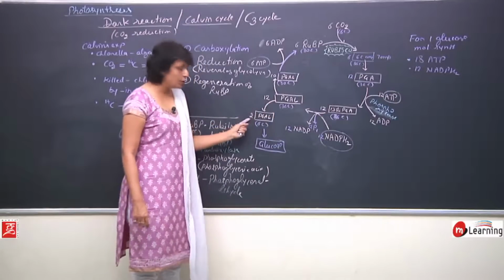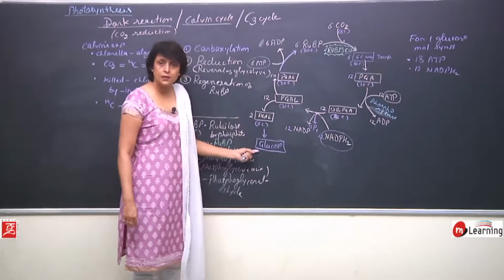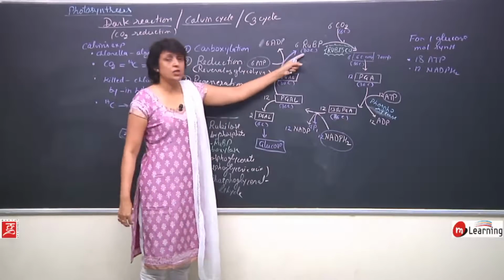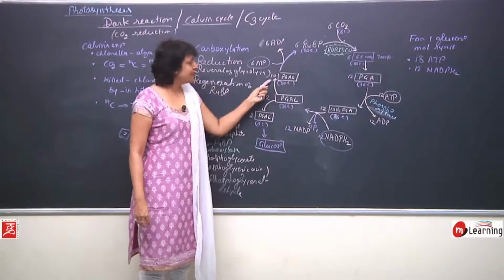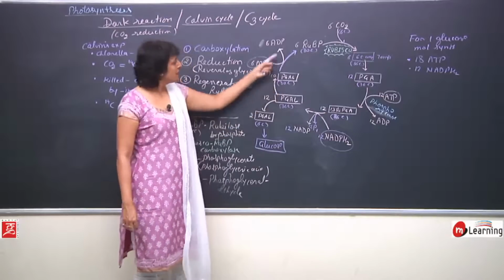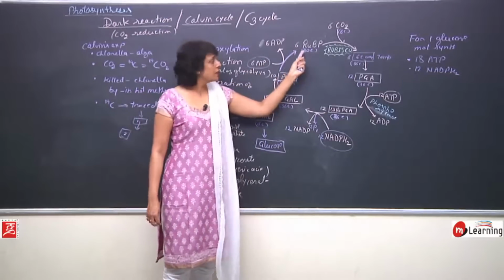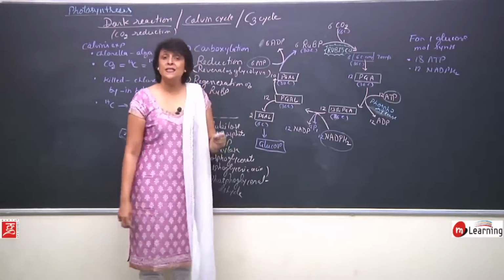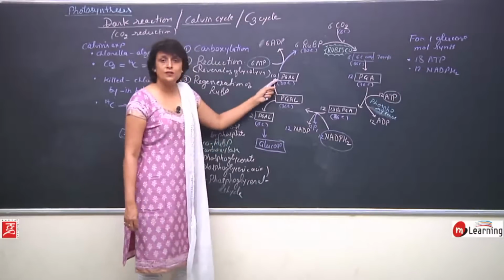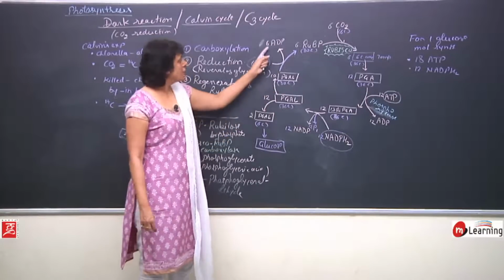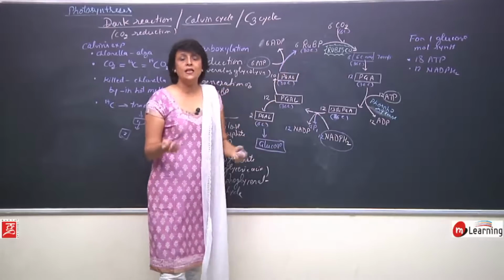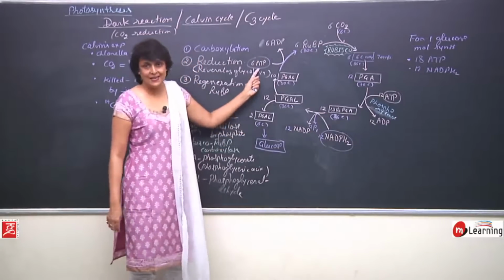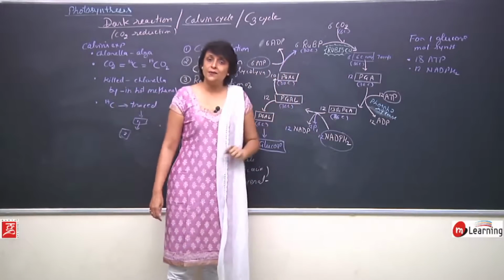So out of 12, 2 get separated to synthesize glucose, and 10 will help in regeneration of RuBP. These 10 molecules means 30 carbons. RuBP started with 6, each 5 carbon containing, so 30 carbons. RuBP is a biphosphate and phosphoglyceraldehyde has only one phosphorus. So for 6 RuBPs we need 6 more phosphates. They are coming from 6 ATPs and RuBP gets regenerated.